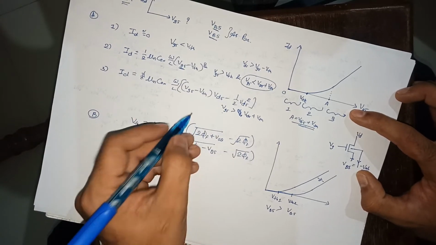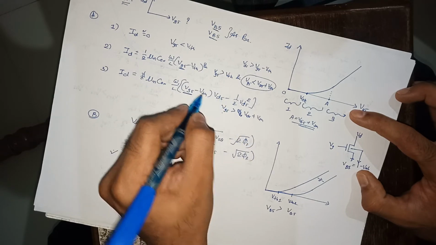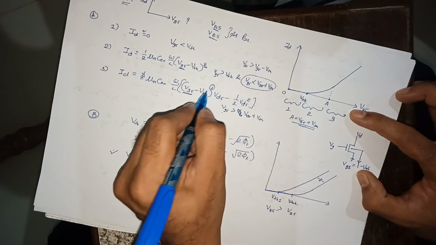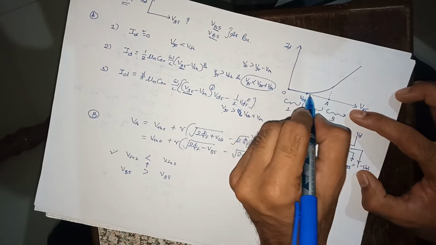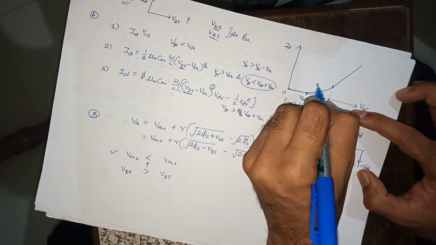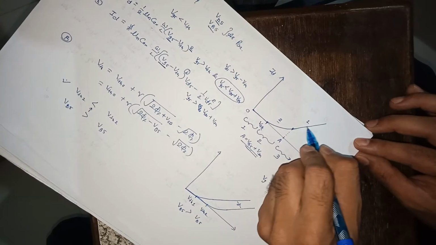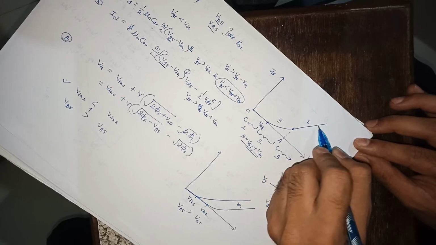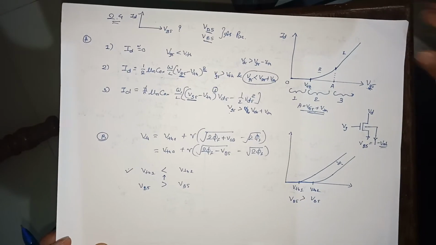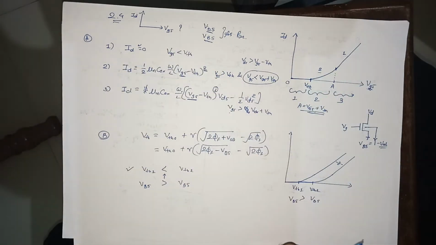Here VGS is the variable, other than this all are fixed, and the power is 1. So from this point to this point, it will follow the square curve. This is the square term, and after this it is the first power term, so it will follow a straight line. All right, so this is the graph for one condition, one VDS.